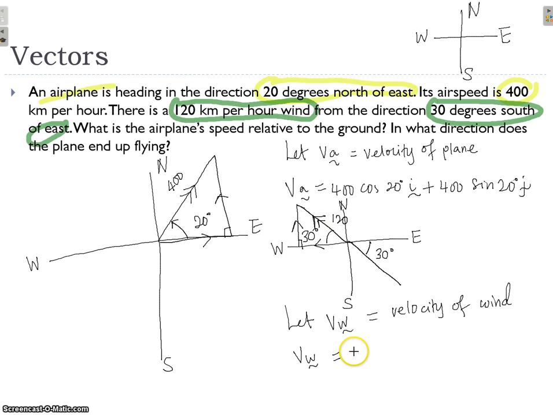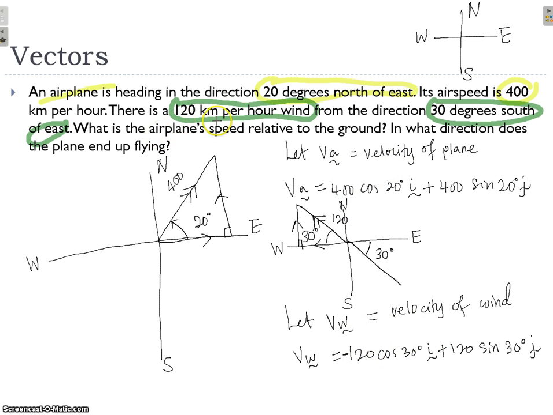So the horizontal component will be 120 cos 30 i, but because it's going to the left, there's a negative sign in front. Then it's going up, the vertical component, so we have plus 120 sine 30 j.